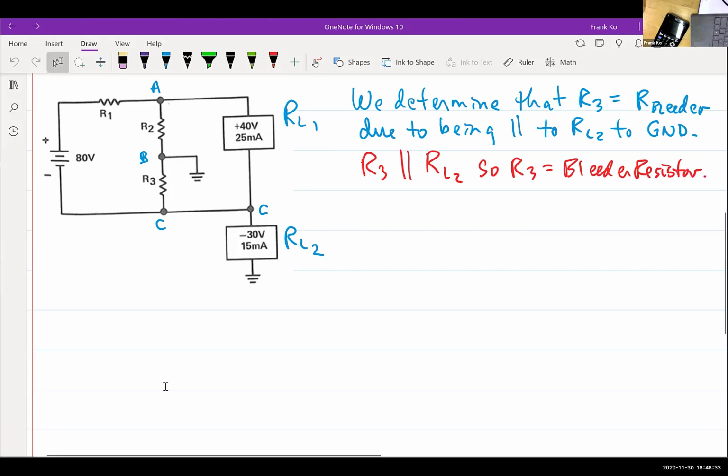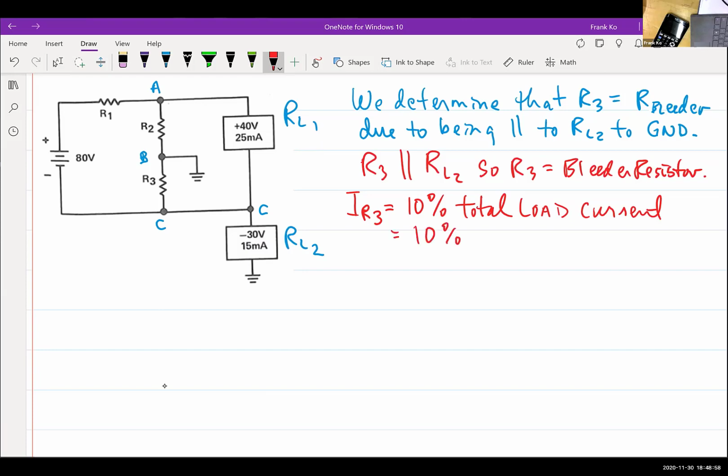Now, that being said, can you determine the current of IR3? IR3 is 10% of what? Total load current. So that's equal to 10% of 25 milliamps plus 15 milliamps, which is equal to 40 milliamps.